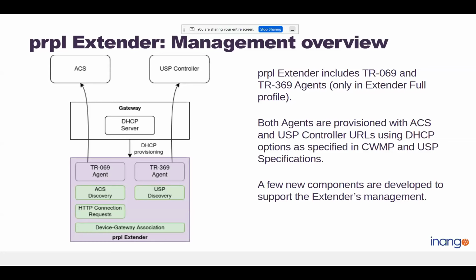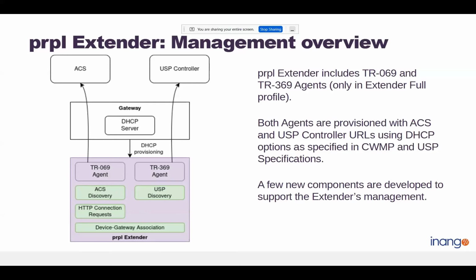These URLs are provisioned using DHCP options as specified in TR69 and USB specifications. Though extender does not impose any restrictions on that, and it is possible to provision both agents at the same time.